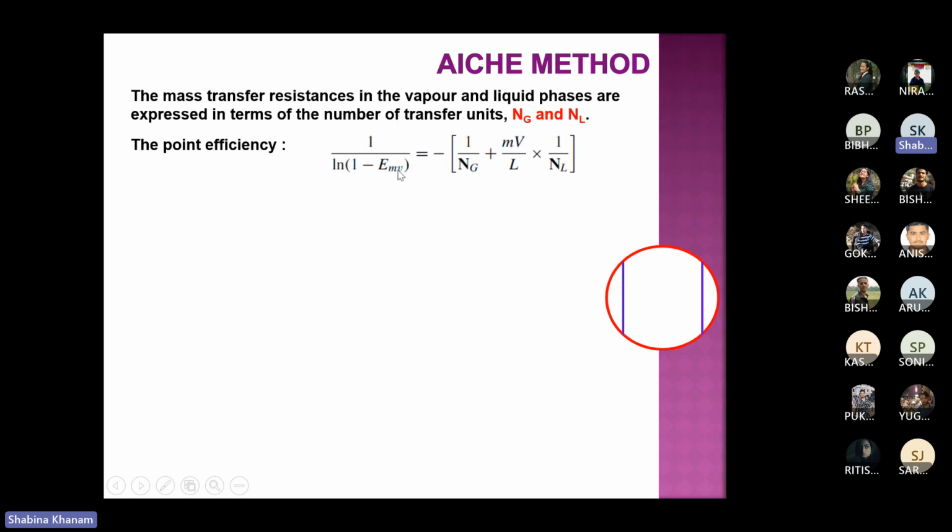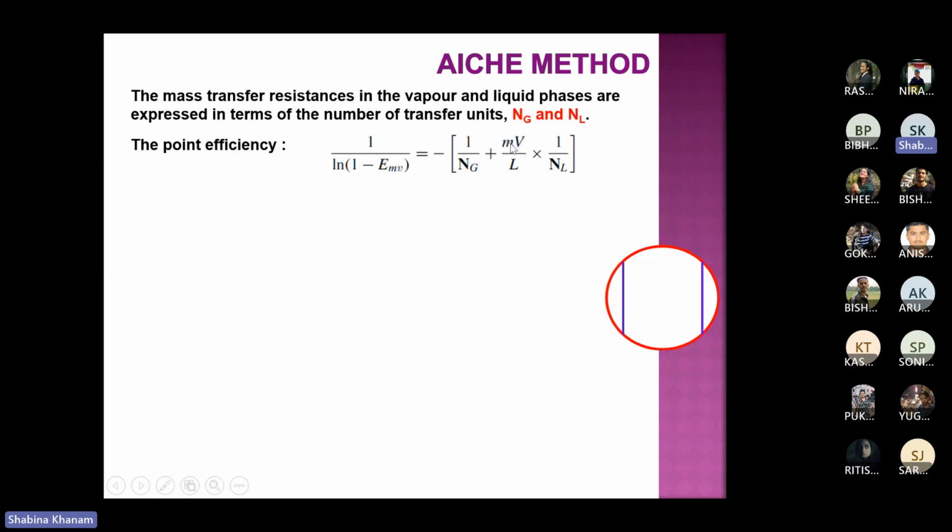Please keep that in mind: small v point efficiency, capital V plate efficiency. So 1 by ln(1 minus EMV) equals minus 1 by Ng, the number of transfer units in gas phase, plus mV by L into 1 by NL, the number of transfer units in liquid phase.